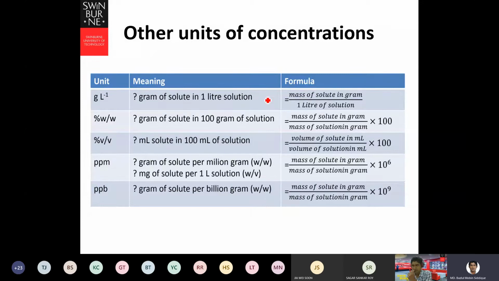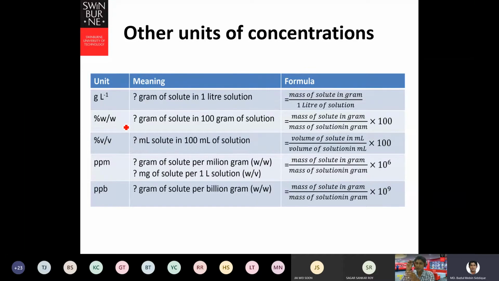All right. So here, other units of concentration, that was in gram per liter. We already understand gram per liter means the mass of solute in gram in 1 liter of solution. Weight percentage. So weight percentage means whatever concentration you have, gram per liter or mole per liter, we express it at the end as weight by weight percentage.